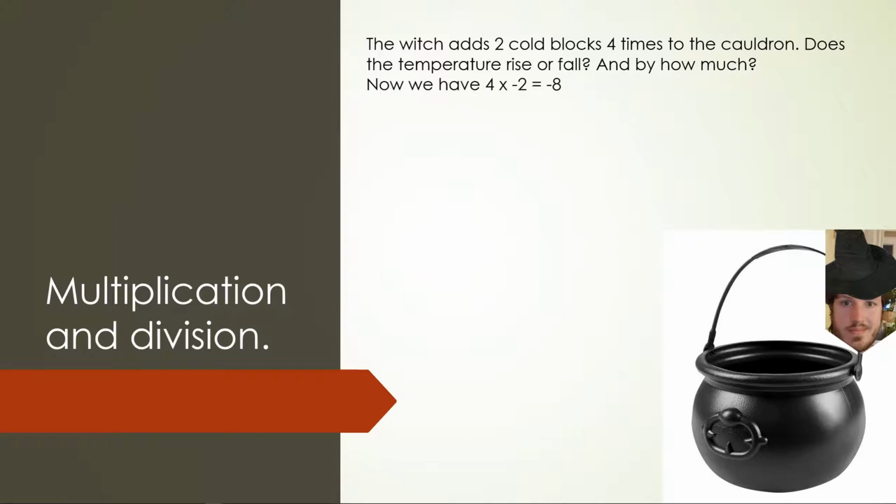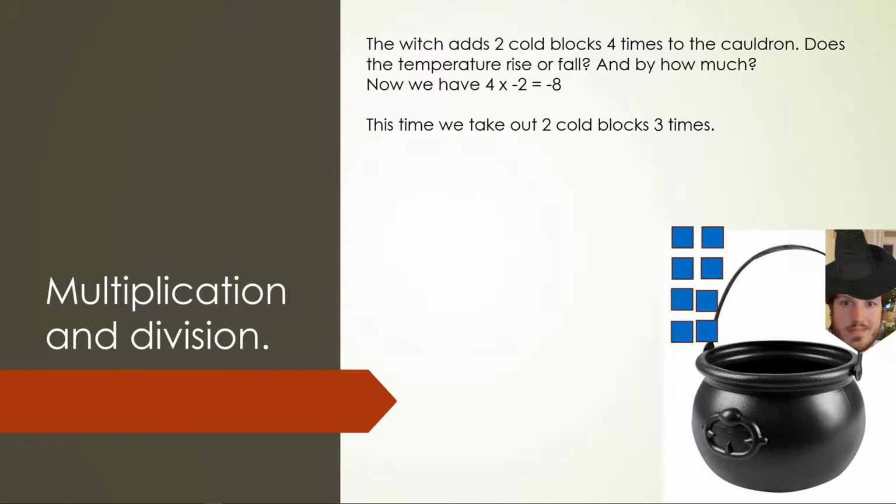It's 4 times minus 2, because we add 4 times 2 cold blocks. So 4 times minus 2 equals minus 8. We'll see why that is. We add minus 2, or 2 cold blocks, another 2 cold blocks, another, and another pair. We see that 4 times minus 2 equals minus 8.